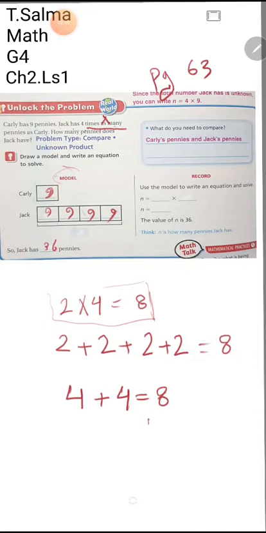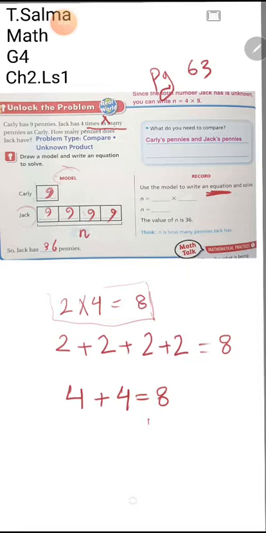Now, if I want to use the equation to find the answer, I will suggest right here that the number of pennies Jack has equals n. When I want to write the equation, I have to suggest the unknown number by using a letter like N, A, any letter you want.